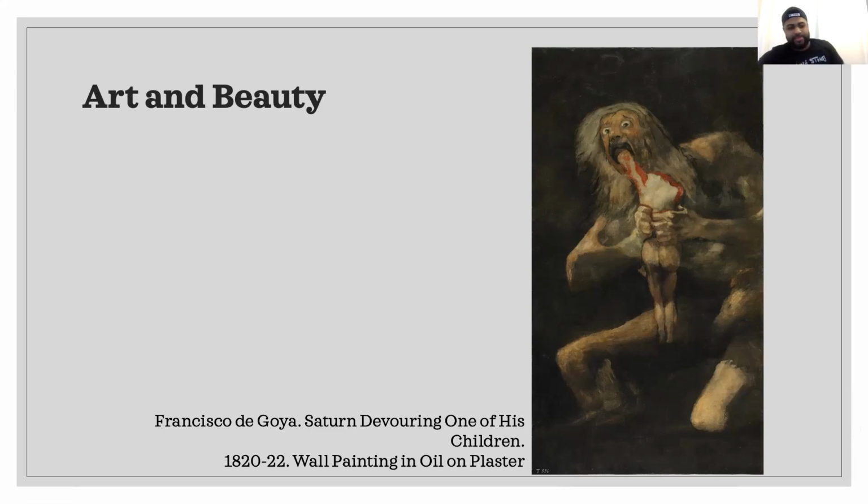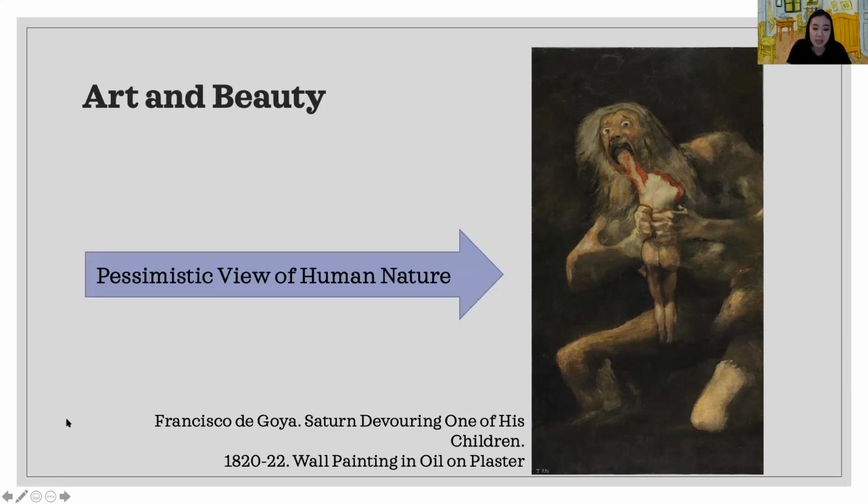It's kind of gross, right? So this is Francisco de Goya's painting, Saturn Devouring One of His Children. That's horrible. He witnessed terrible acts of cruelty, stupidity, warfare, and slaughter during the wars. So he expressed his increasingly pessimistic view of human nature.